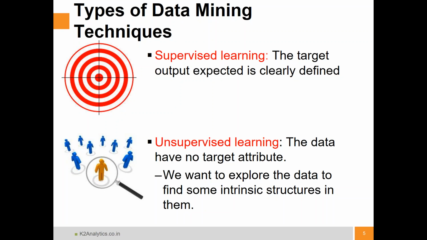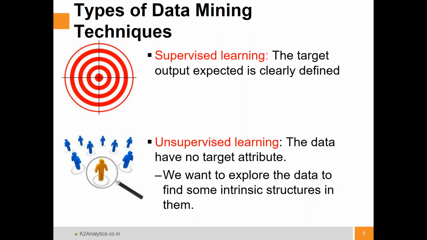So broadly, you know that there are two main types of techniques. One is basically a supervised learning technique, other is an unsupervised learning technique. In a supervised learning technique, the target is already defined.